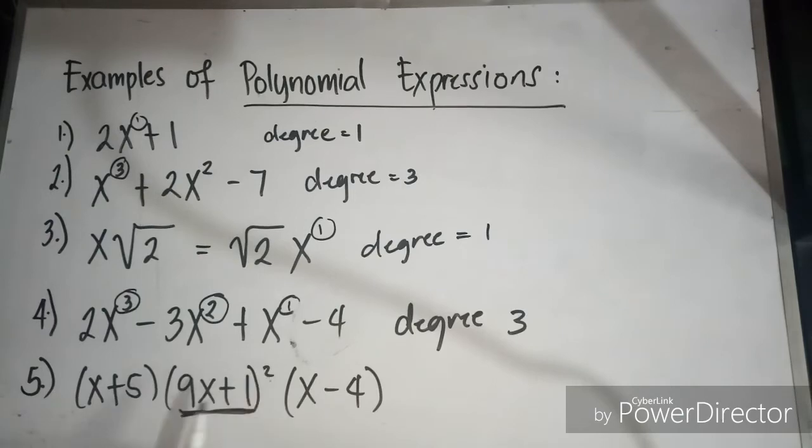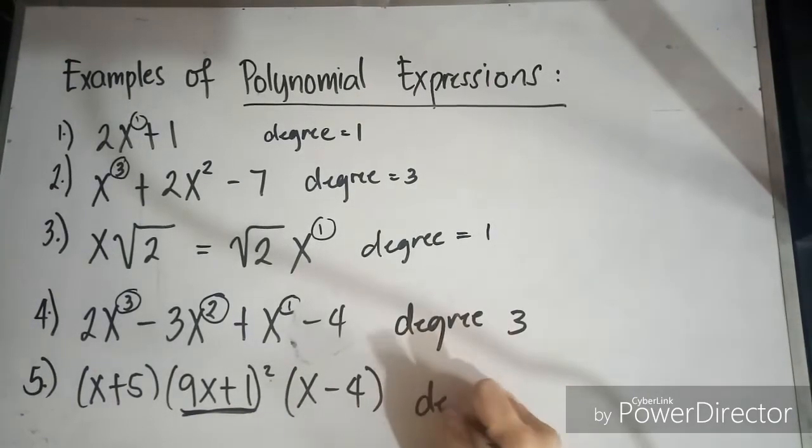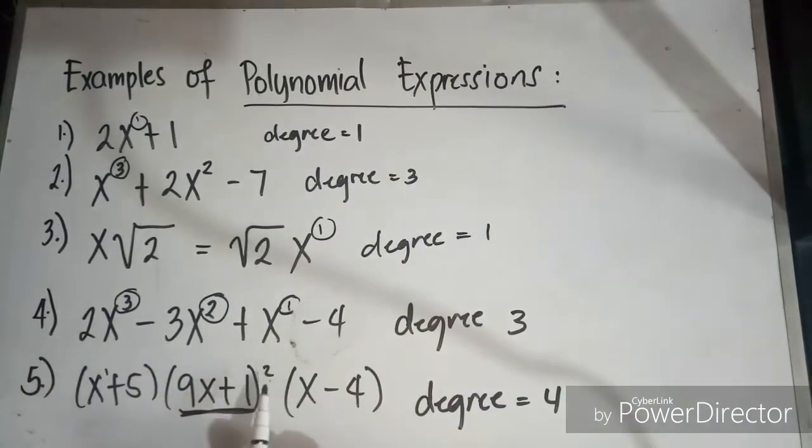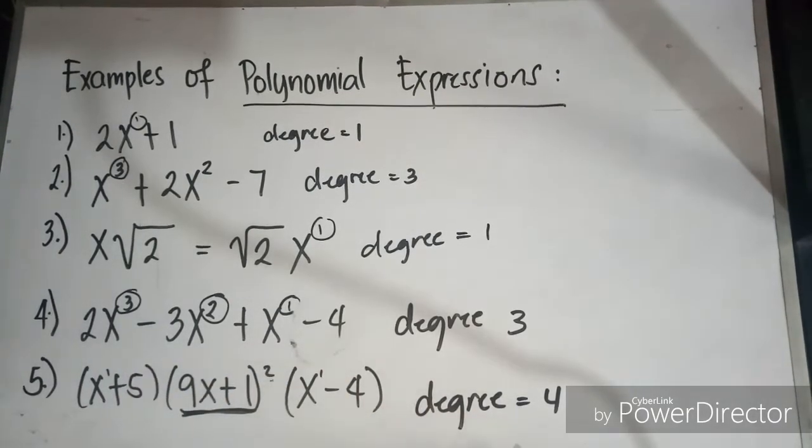If you multiply x squared to another x, it will be x cubed, and to another x, it will be x to the power of 4. Therefore, the degree here is 4. You have 1, you have 2, and another 1. 1, 2, 3, 4. The degree is 4.